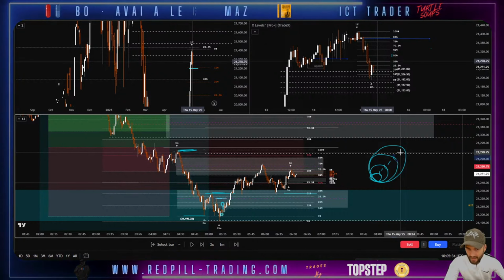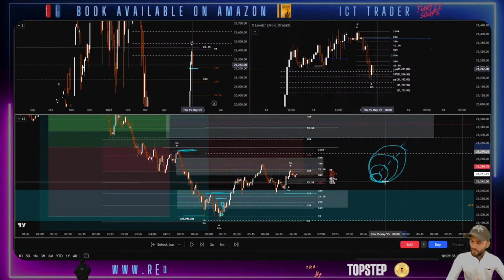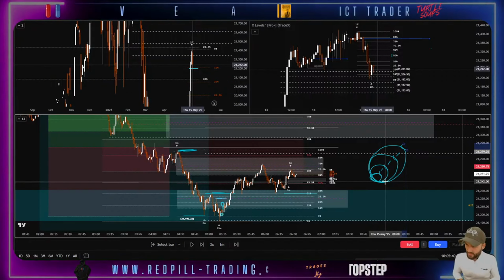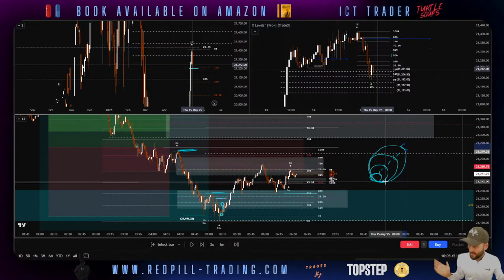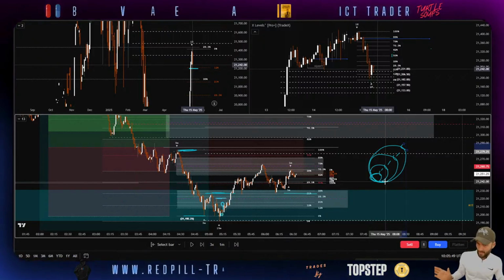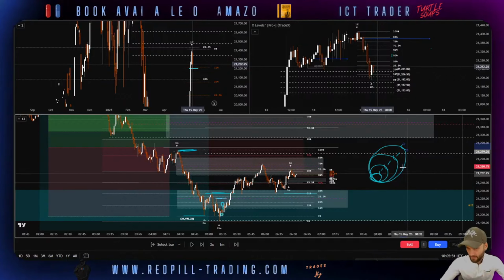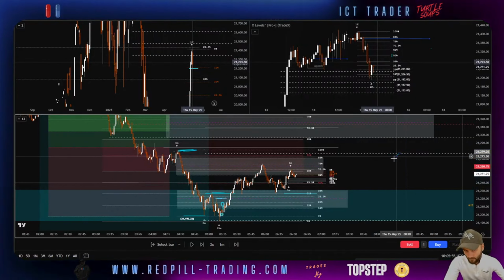Between the 15 and the hourly is inefficiencies. Above the hourly is liquidity. So all you are doing is taking price from a premium to a discount and vice versa, seeking inefficiencies and liquidity in price. That is ICT. That is it. There's nothing else. Everything you overlay on that is makeup. It's just ways to get into a trade.